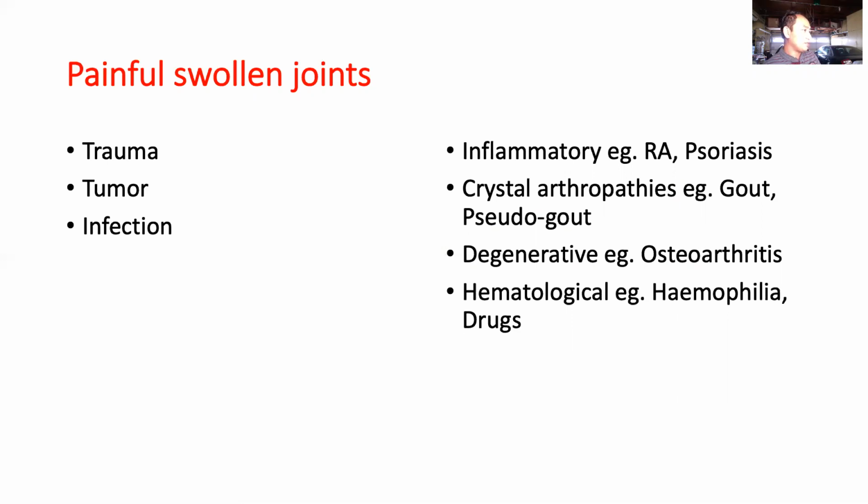And osteoarthritis, which is a degenerative disease, very common in our day-to-day life, can give you a painful swollen joint. And of course, not the least, hematological causes, like hemophilia or any drugs like apixaban or warfarin, change the bleeding and clotting capacities, and then bleeding inside the joint gives you a painful swollen joint.